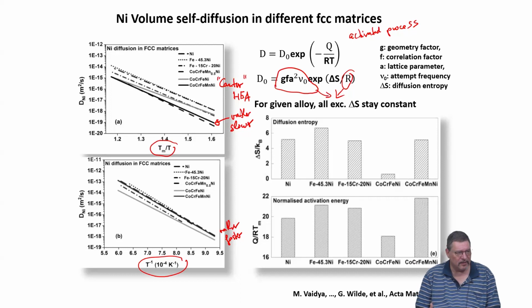So that again hints that the high configurational entropy of high entropy alloys is not decisive for the diffusion, and it's really the addition of which element you pick in order to make the alloy and not how many.